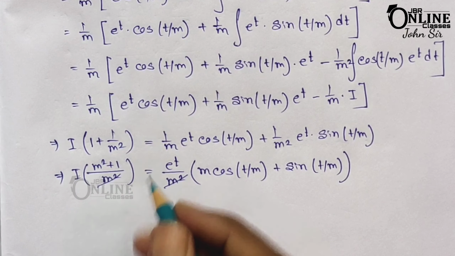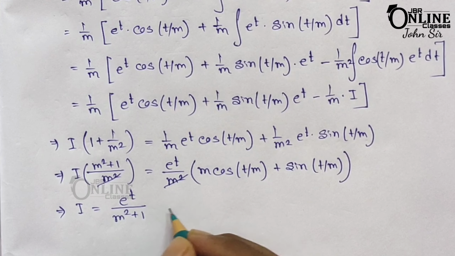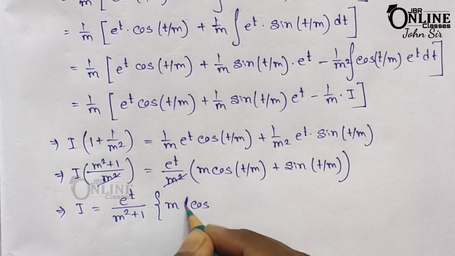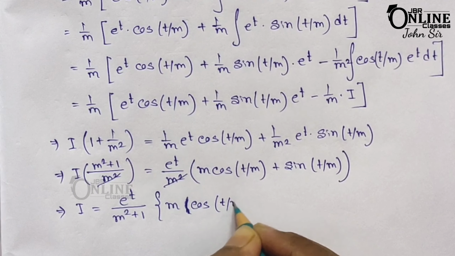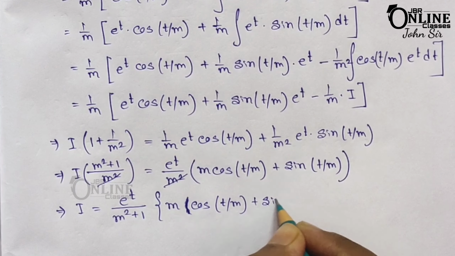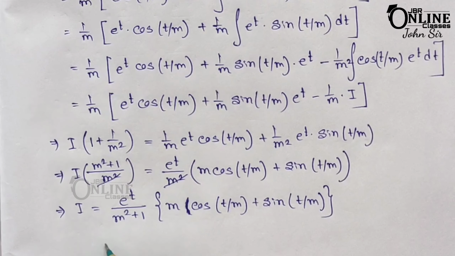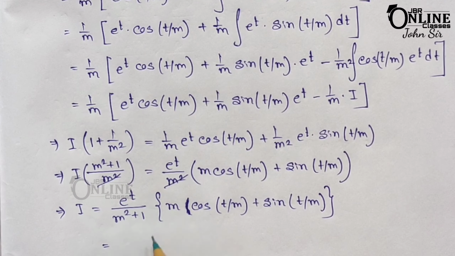So here I equals e to the power t by m square plus 1, and m into cos t by m plus sin t by m. Now you have to just put down the value of t. So the upper one will be e to the power, and here t means m tan inverse x by m, square plus 1.